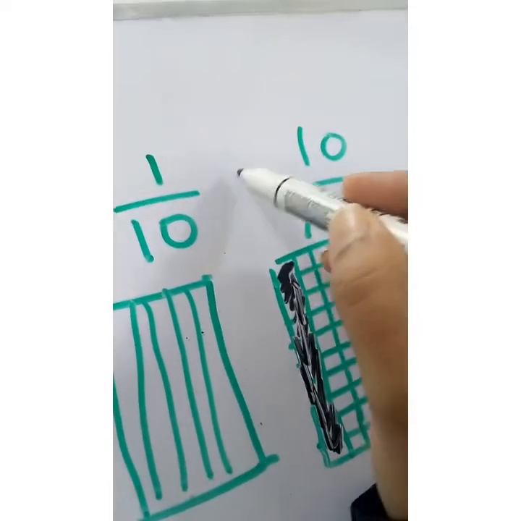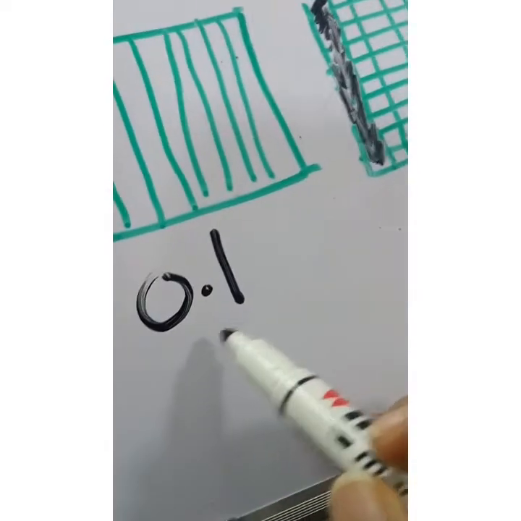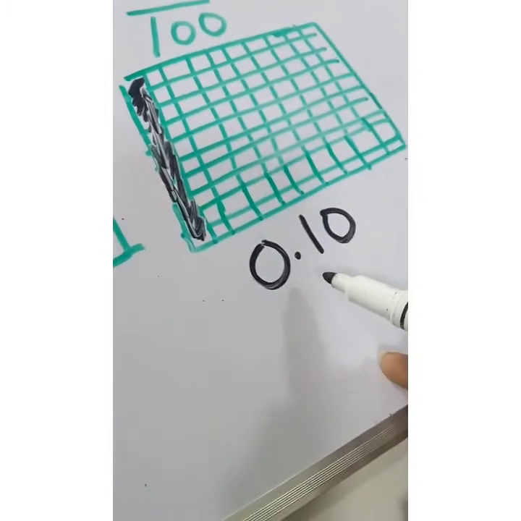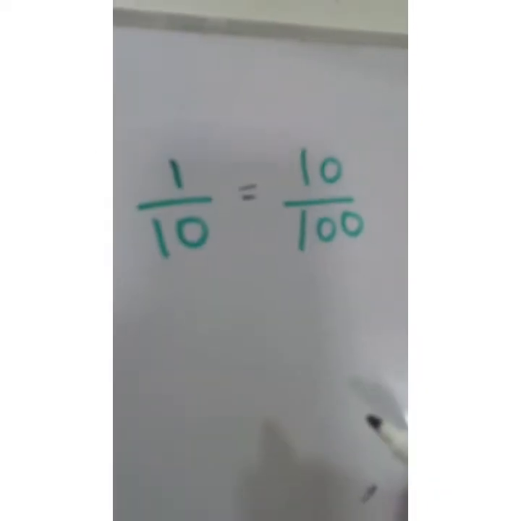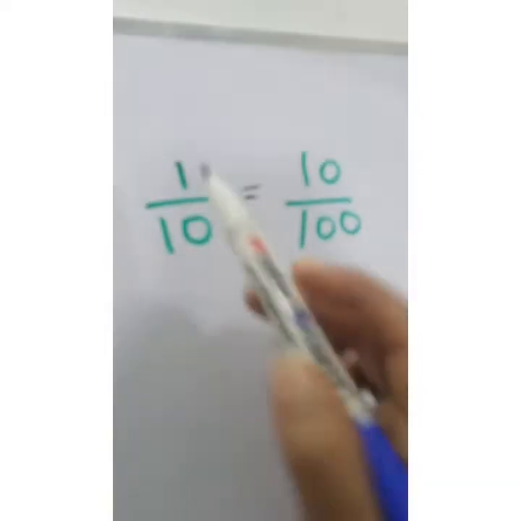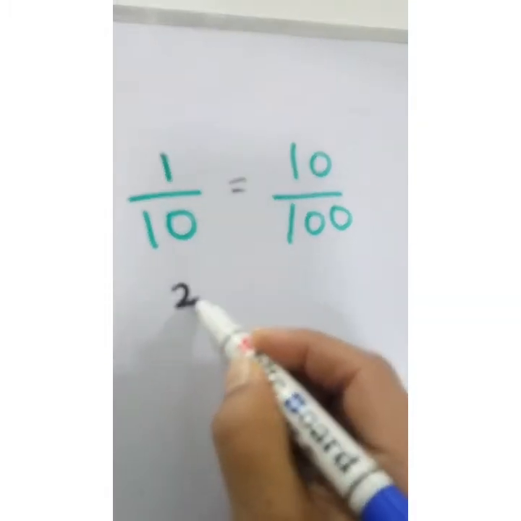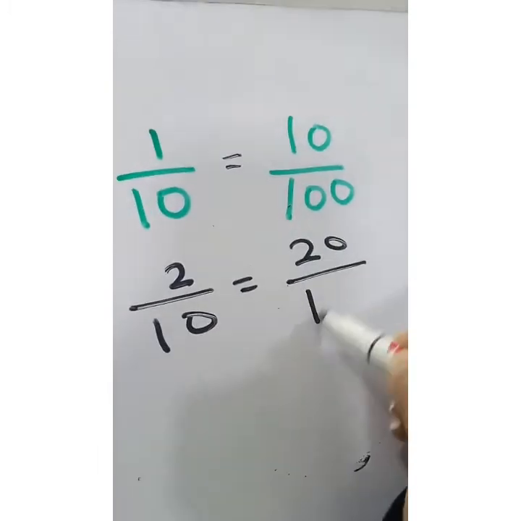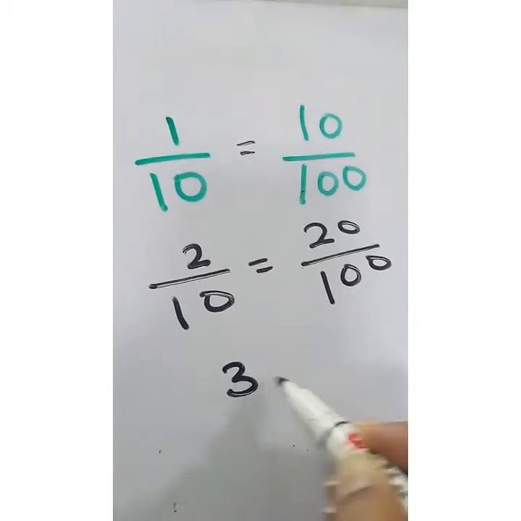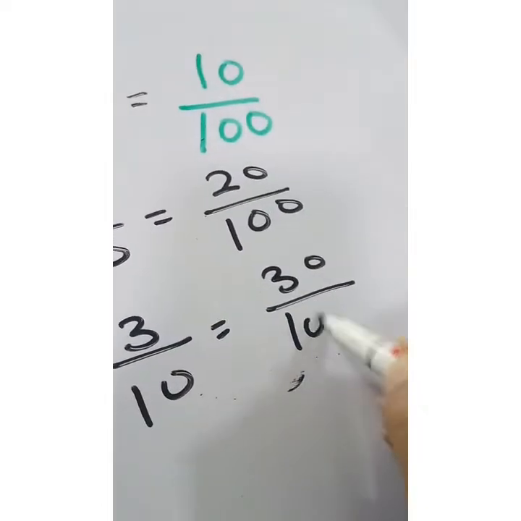So when we know that 1 over 10 is equal to 10 over 100, it means that this decimal is equivalent or the same as this one. So here we can conclude that if 1 over 10 is equal to 10 over 100, then 2 over 10 will be equal to 20 over 100, and 3 over 10 will be equal to 30 over 100.